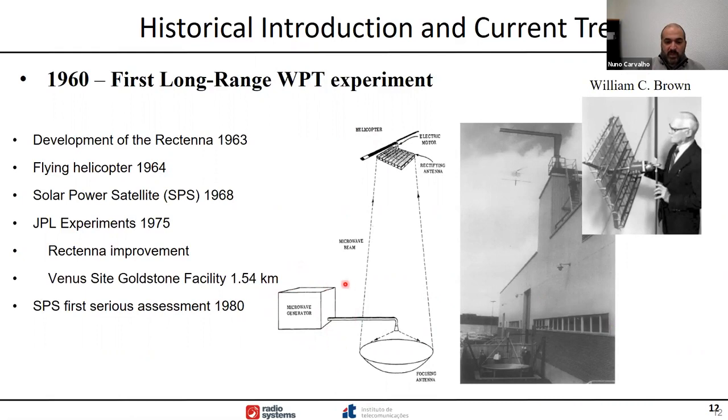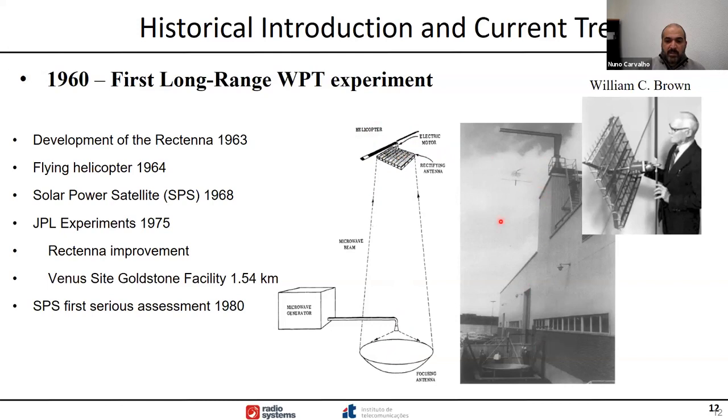So you have a microwave generator, you have a reflector, a huge reflector, you send your energy to this reflector that creates a beam. And this beam has a focus nearby. Actually, the focus was a little bit in between the reflector and our receiver. But the idea was to power up this structure that has a propeller around.